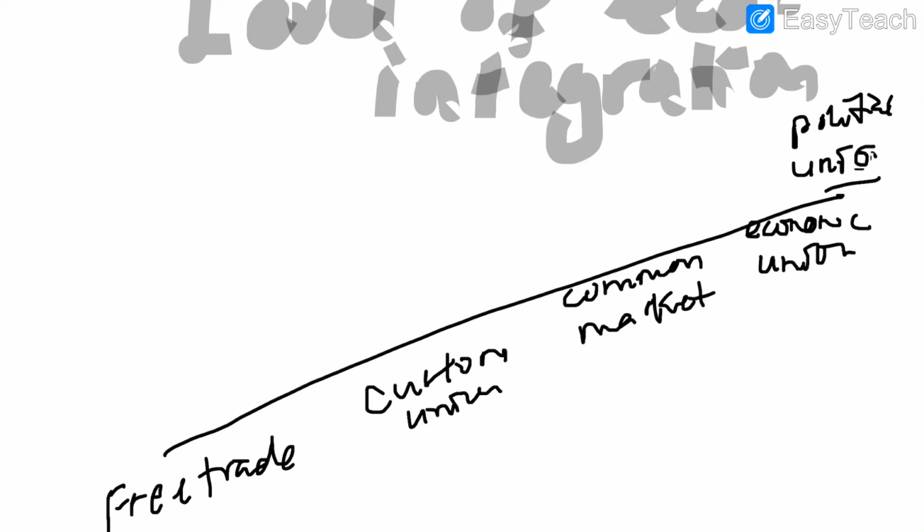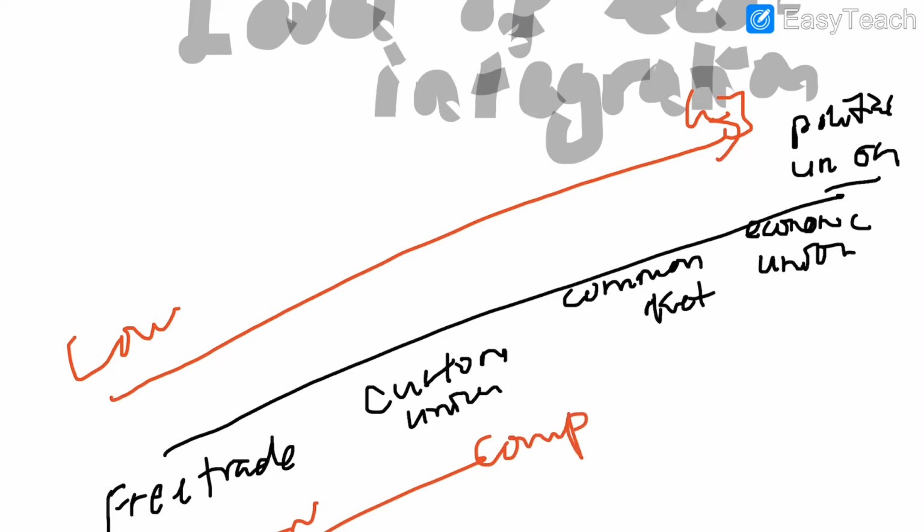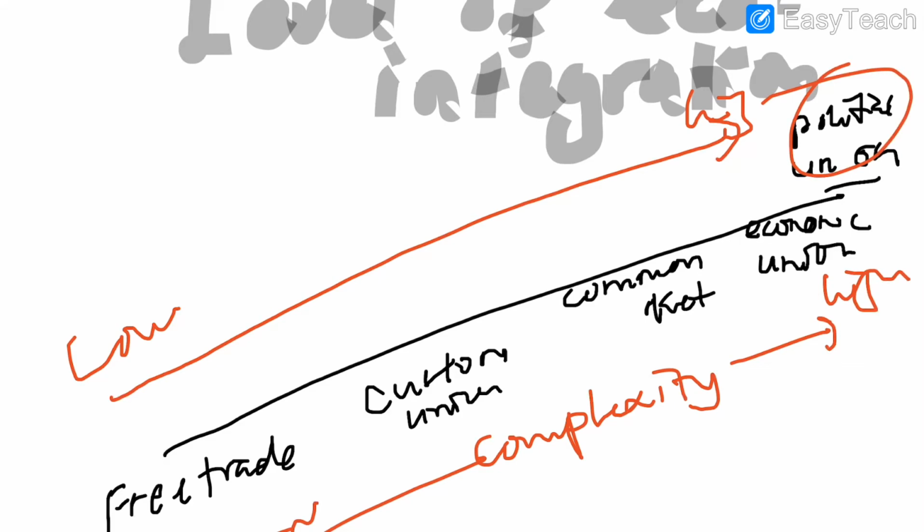If you can see, this goes from low to high, from low complexity to high complexity. Political union is the highest one and free trade is the lowest one. So we're going to learn them one by one after this.